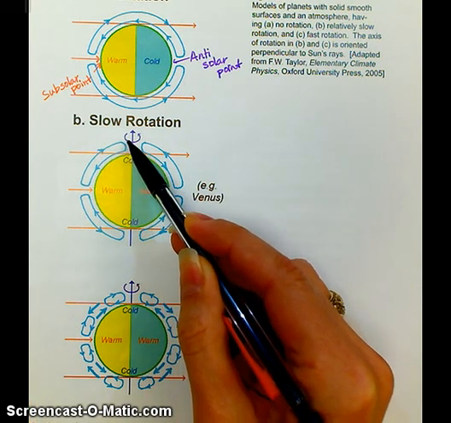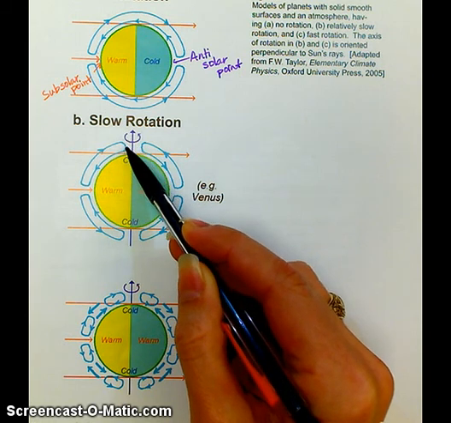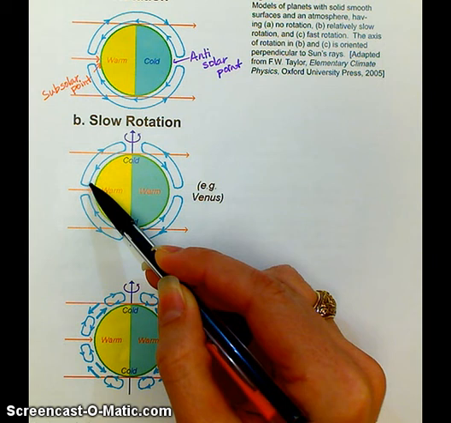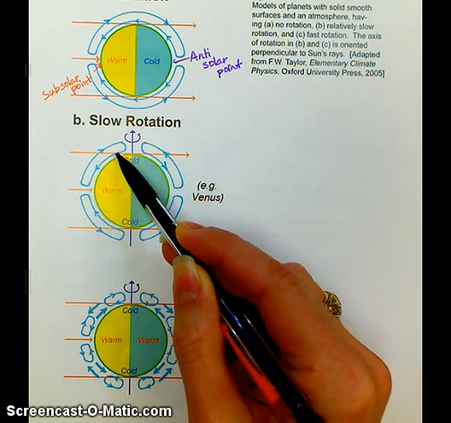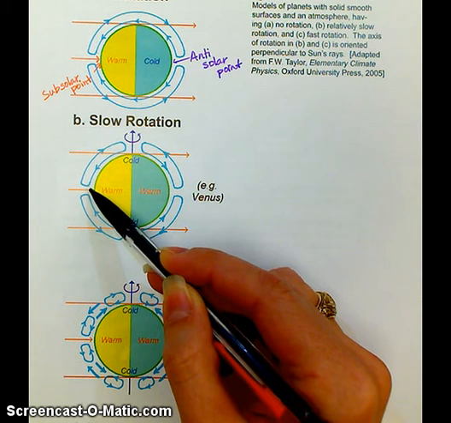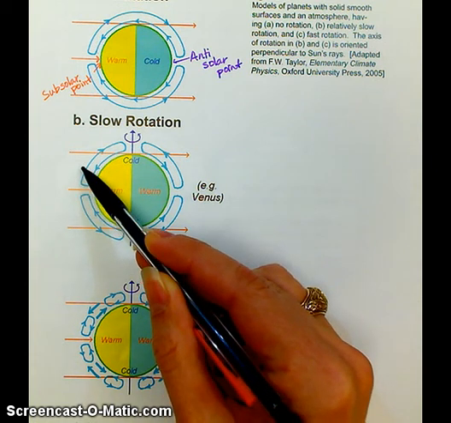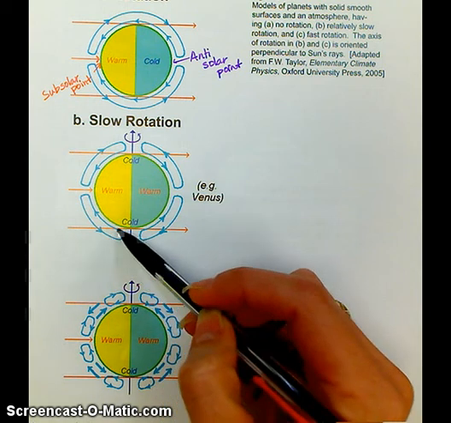It's going to be cooling there, and cooler air becomes more dense and it sinks. So it's going to sink at the poles, and it's going to work its way back towards the equator along the surface of the planet. So these are surface winds coming back down towards the equator, where the air is going to be warmed, expand, rise, and move off in the upper atmosphere towards the poles. Okay? And that's the same in both of these situations.